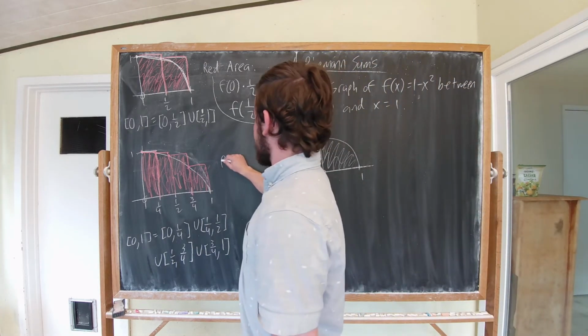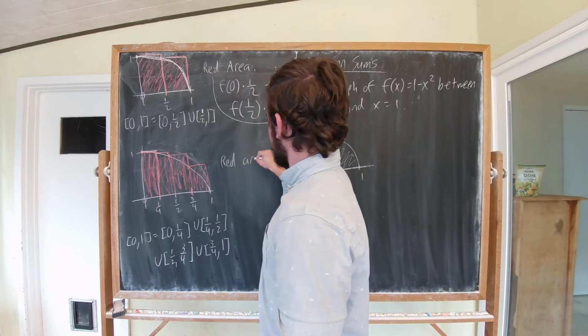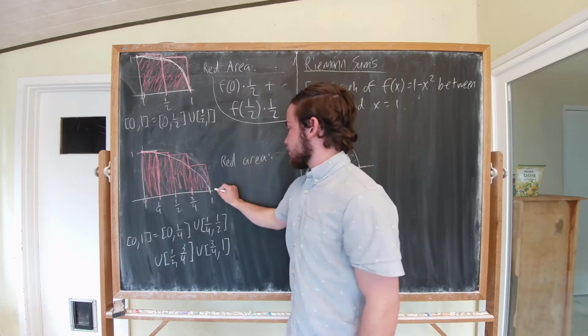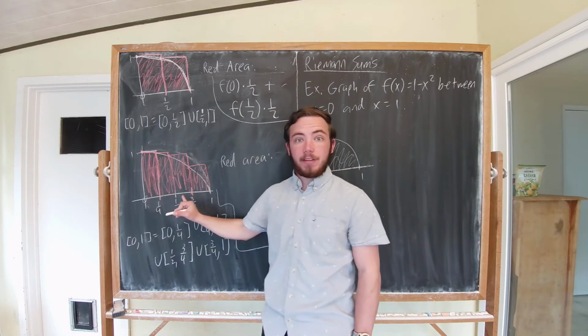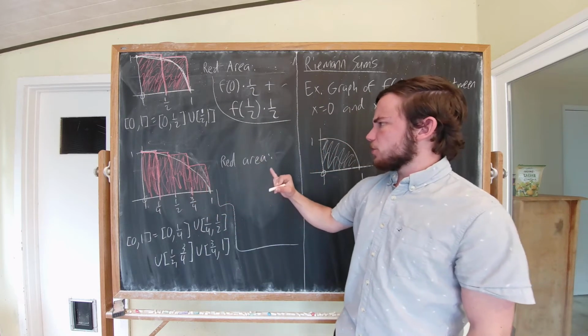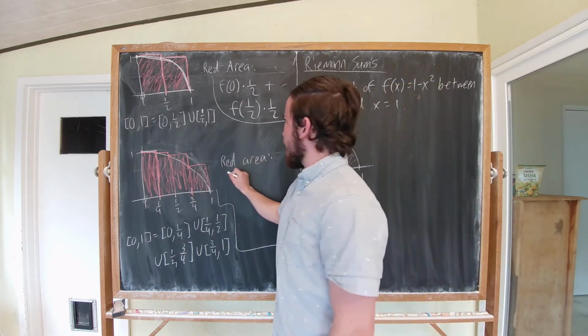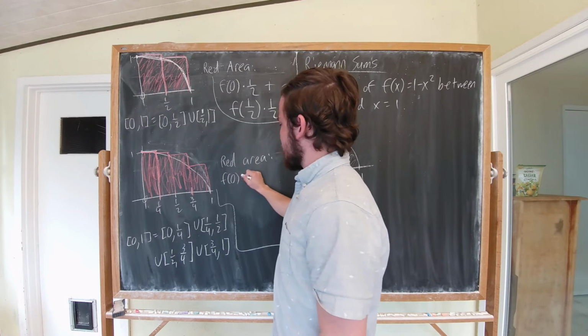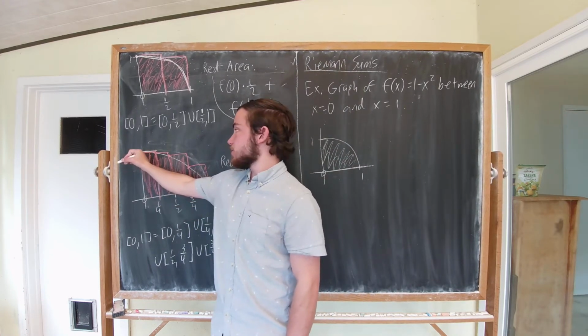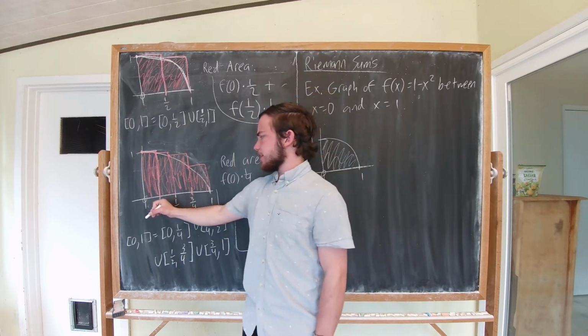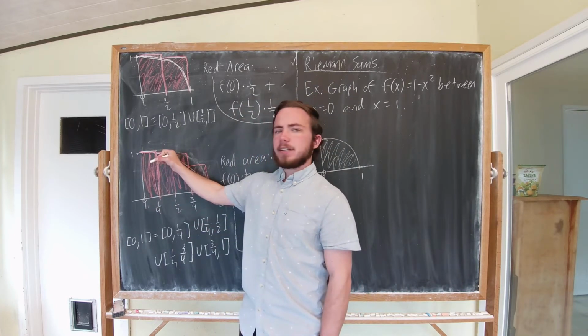How about this red area? Well, now we have 4 rectangles, each with width 1/4, and their heights are going to be also given by the curve. So we're going to have f of 0 times 1/4. That's this first rectangle. How about the second rectangle? f of 1/4 times 1/4.